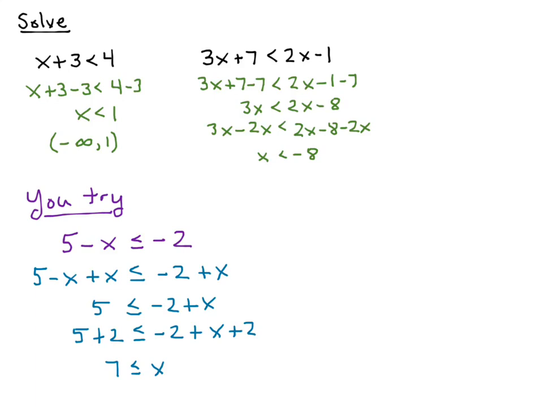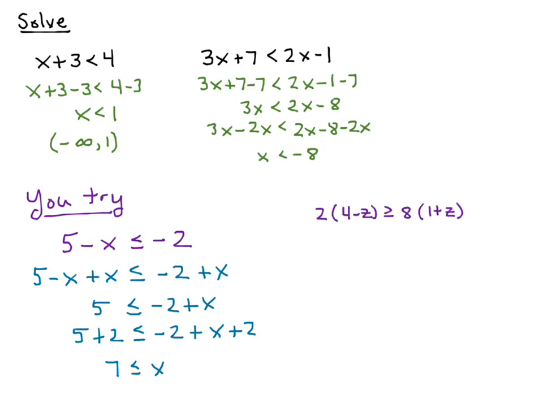When you do it that way, you subtract 5 from both sides, and you get negative x is less than or equal to negative 7. Then you multiply both sides by negative 1, and you have to swap the inequality. Okay, so we end up with the same thing.